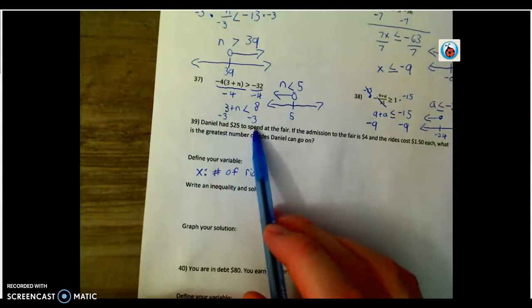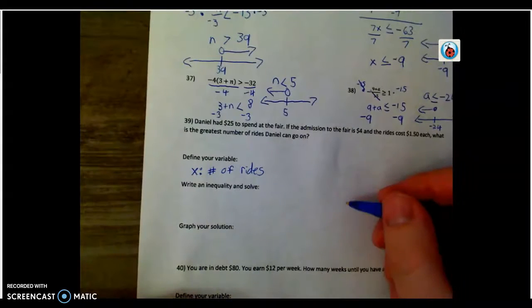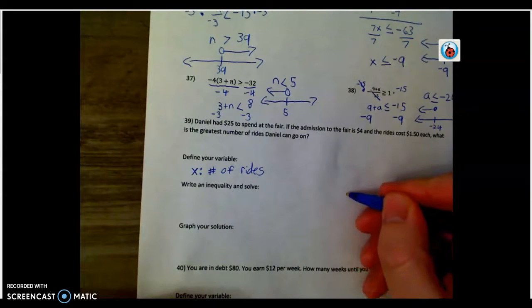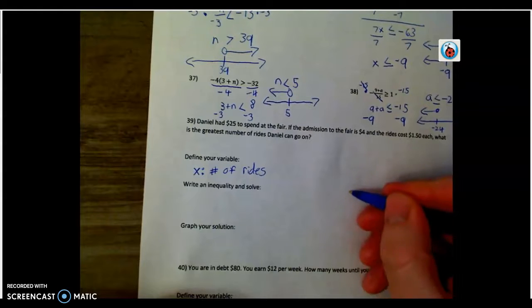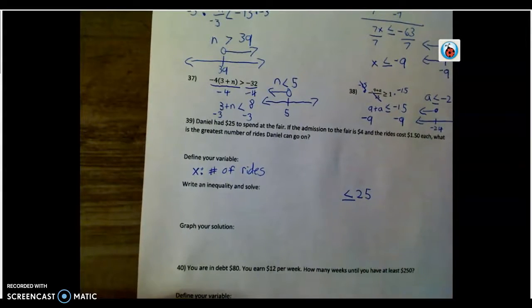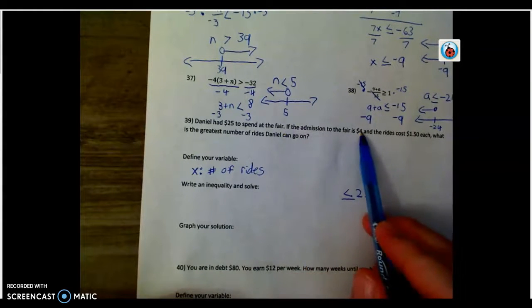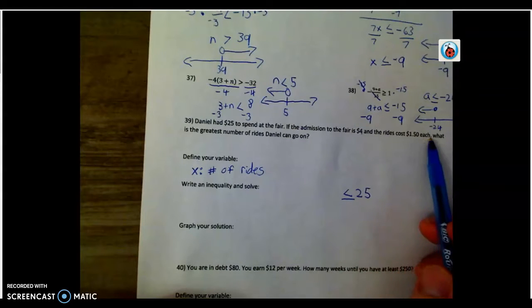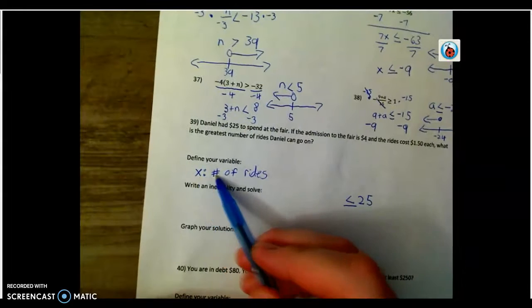Daniel had $25 to spend at the fair. That means he can spend up to $25, or he can spend everything less than or equal to $25. If the admission to the fair costs $4 and the rides cost $1.50 each, what's the greatest number of rides you can ride? So x is the number of rides.